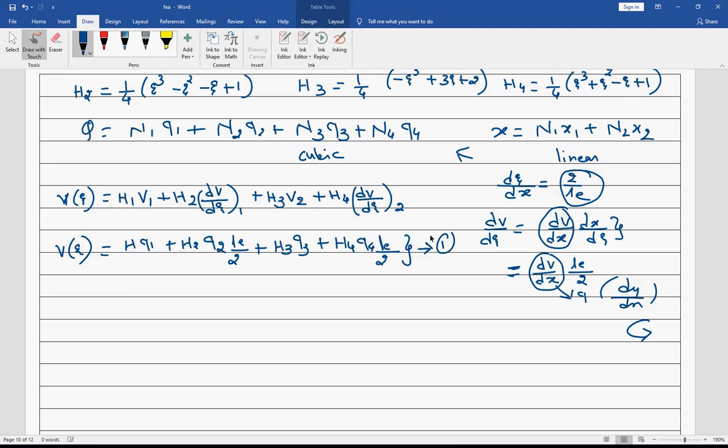So we have derived this relationship, correct? Now I could write V equal to H into Q, where my H matrix is H1, H2 Le by 2, H3, H4 Le by 2, and the Q matrix is Q1, Q2, Q3, Q4.